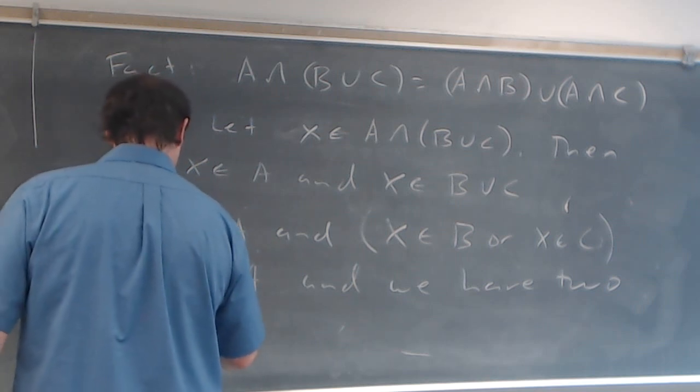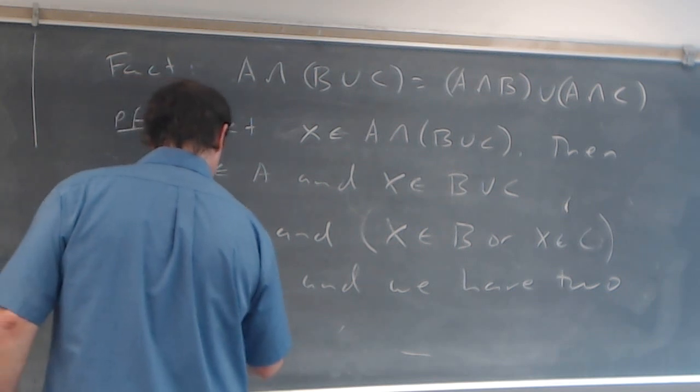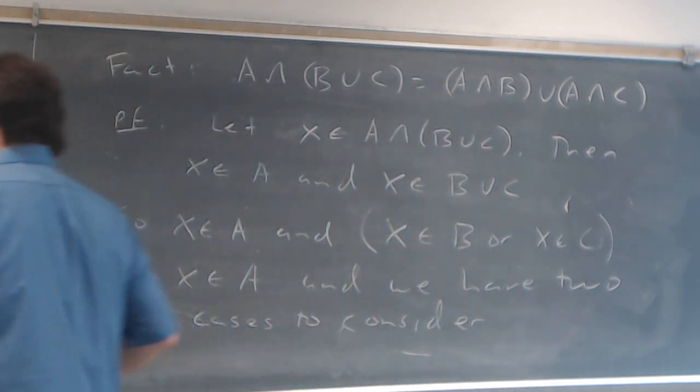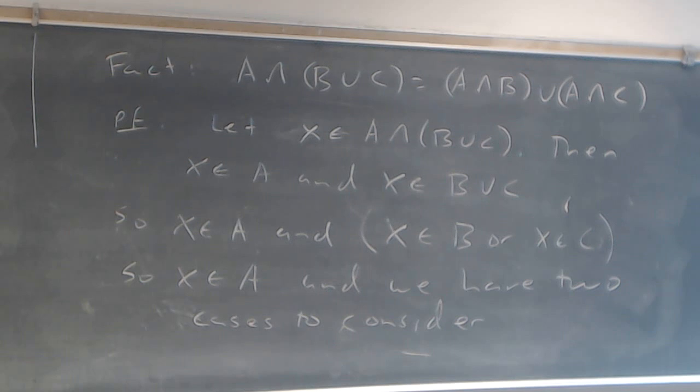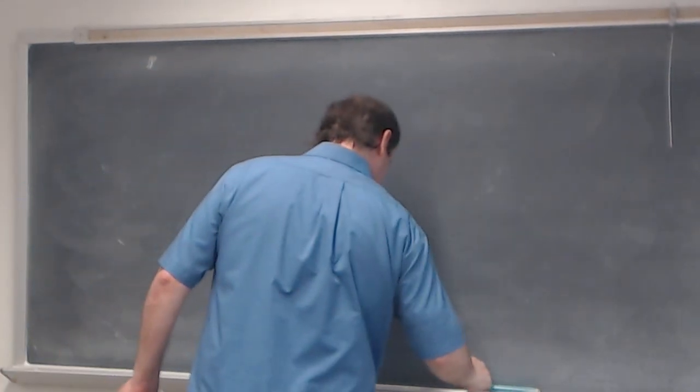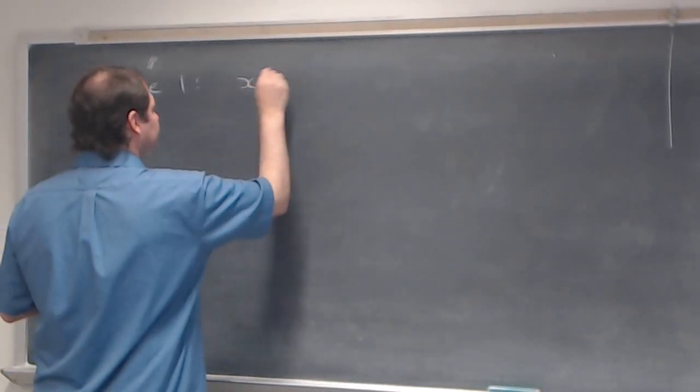Further possibilities to consider, and that is case 1 is X in B, and case 2 will be X in C. Okay, so case 1 is X is an element of B.